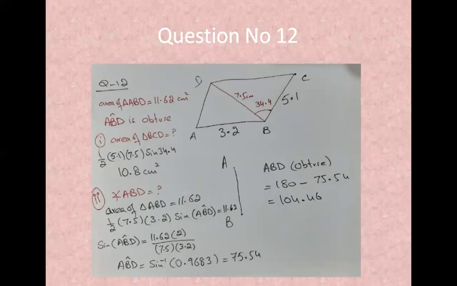Given further that the area of the triangle ABD is 11.62 centimeters squared and the angle ABD is obtuse, find the area of BCD.